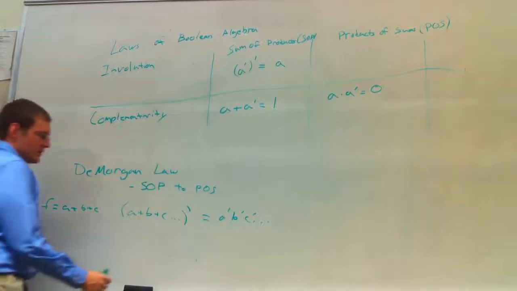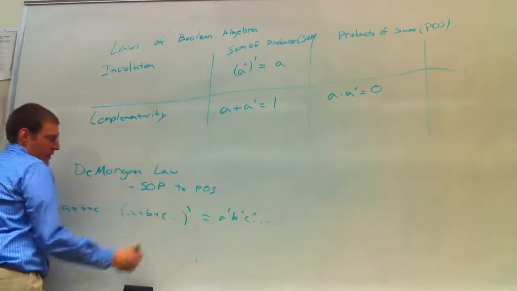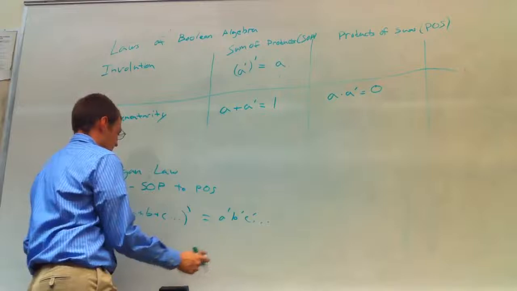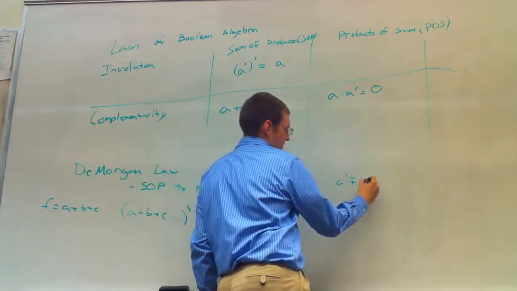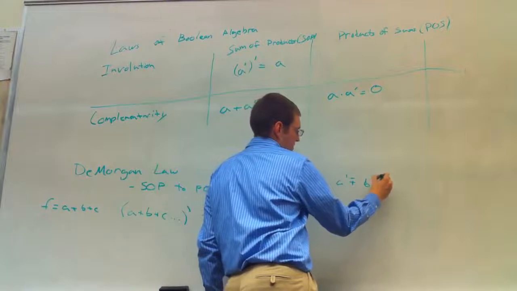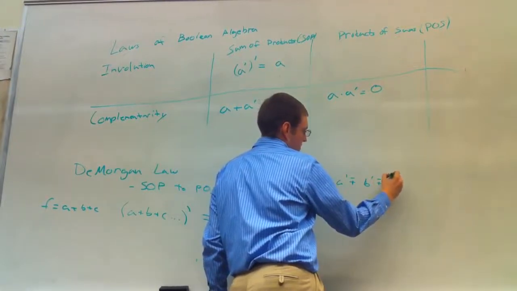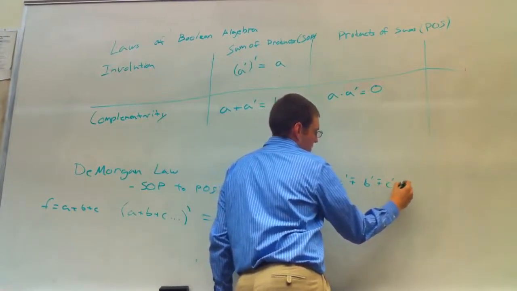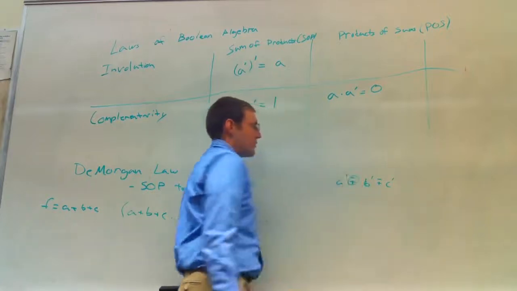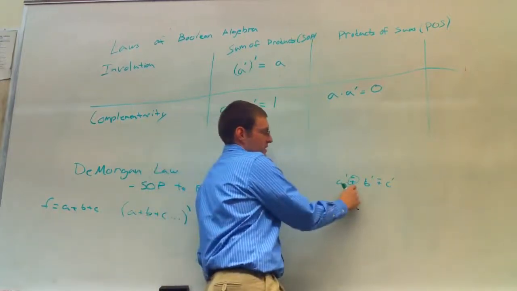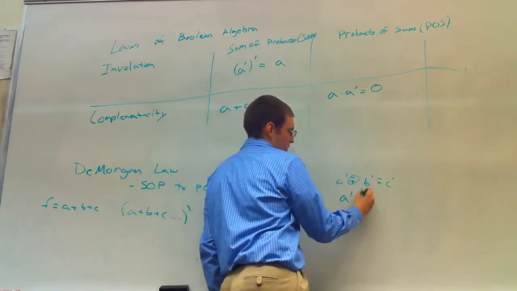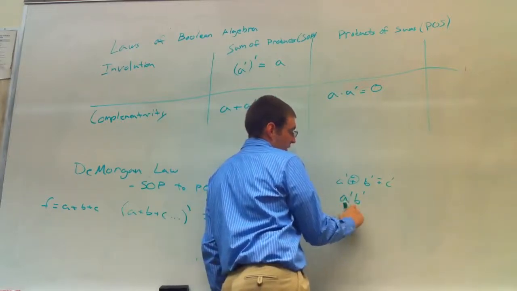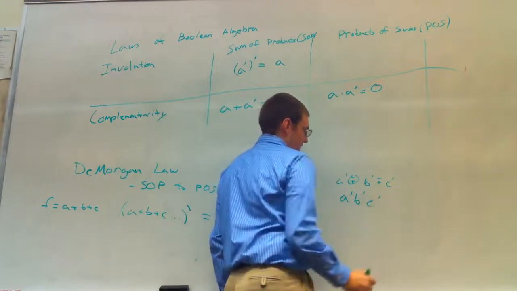So basically what we do is I go in and I NOT everything, even the gates. And then we see the gates, we reverse. So it was OR, now I make it an AND. So that's why we went to A not and B not and C not.